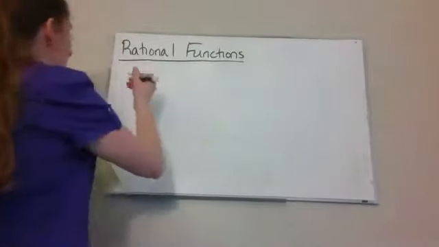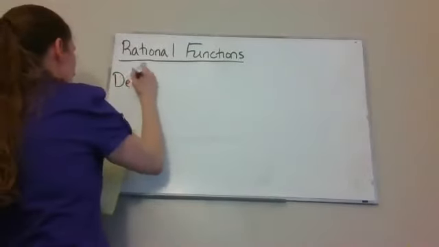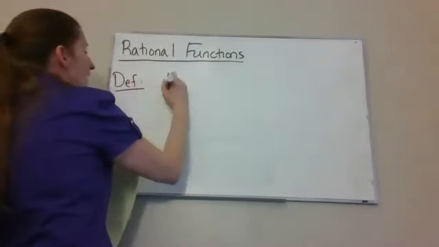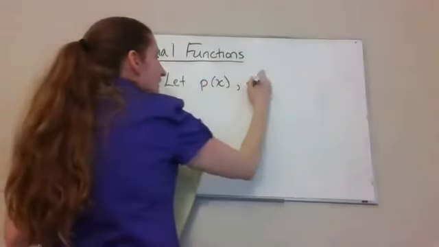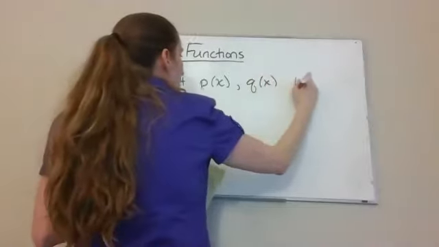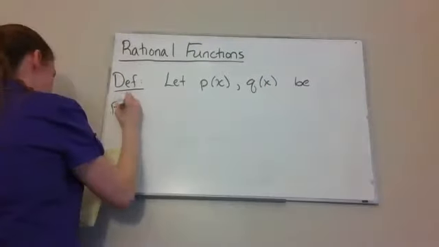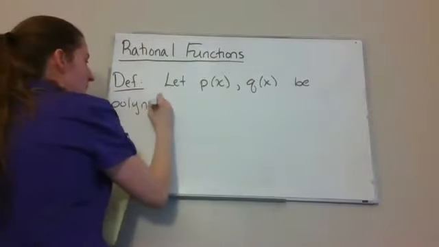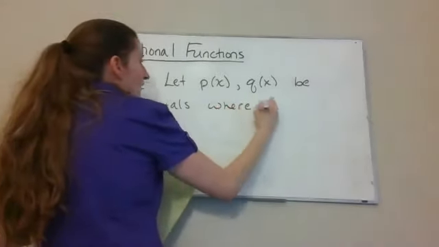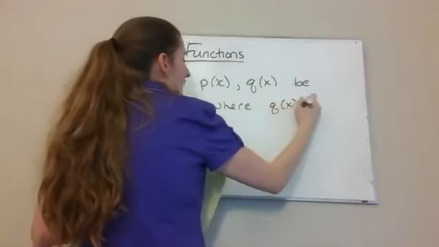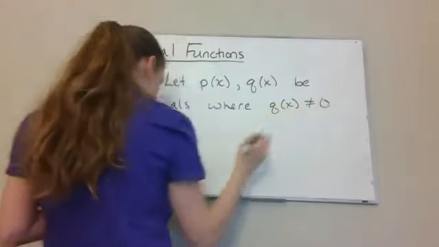So our definition: let P of x and Q of x be polynomials. And we're going to specify that Q of x is not 0.